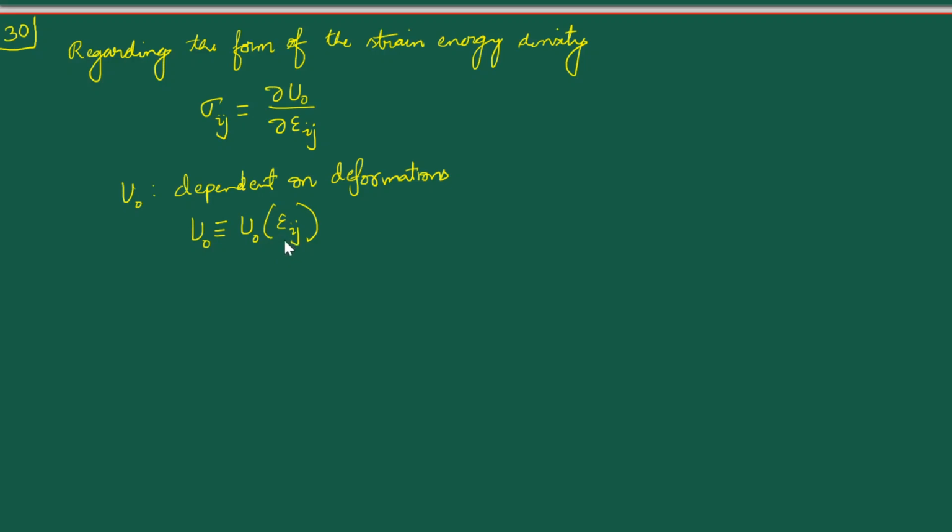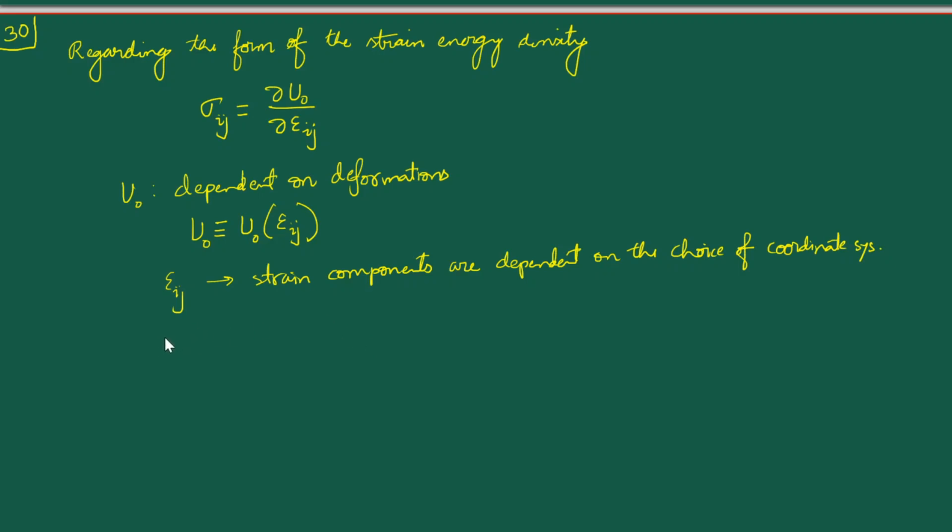You see, these strain components epsilon ij, as we have seen already in our course of applied elasticity, are dependent on the choice of our coordinate system.